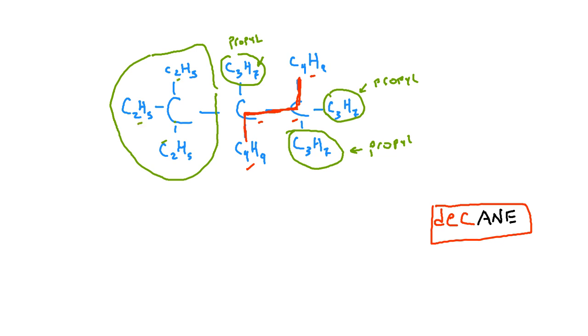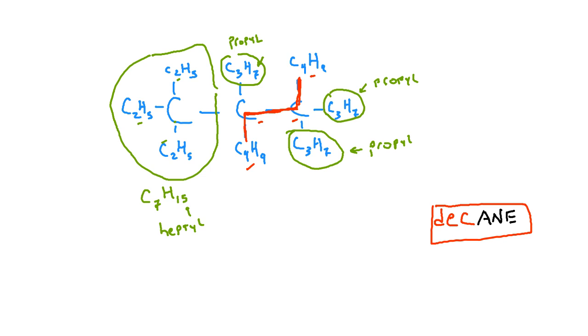So there's 7 carbons here, and it's an odd number. There's 15 hydrogens. So odd is eel, 7 is hept. So this is heptyl. So our additions then are heptyl and propyl.